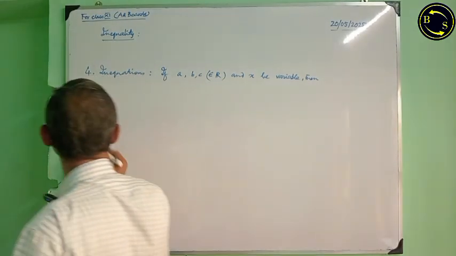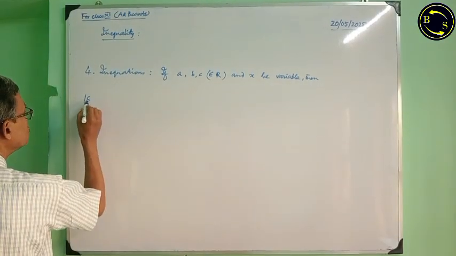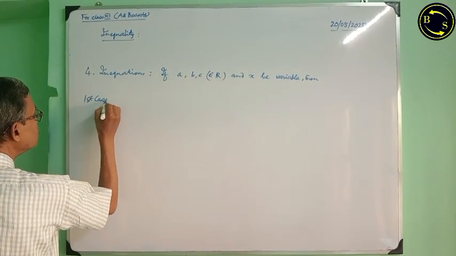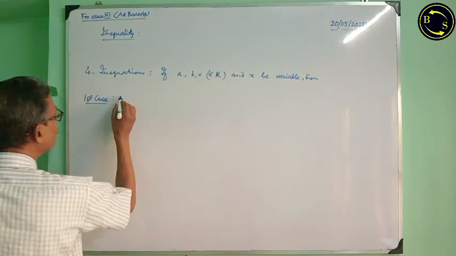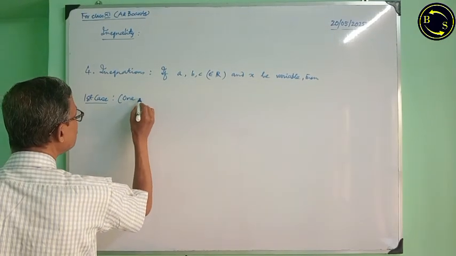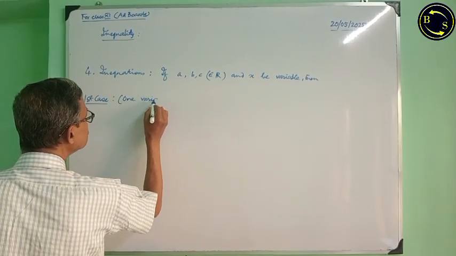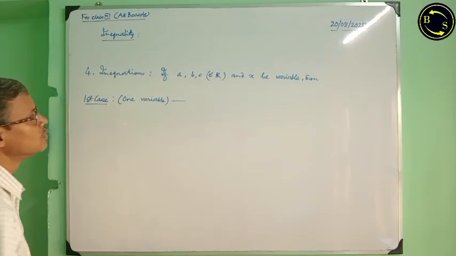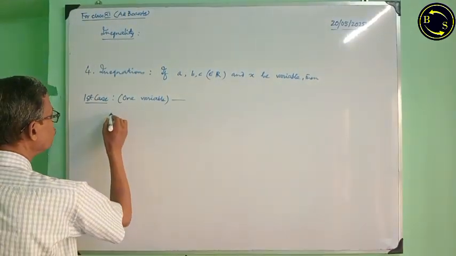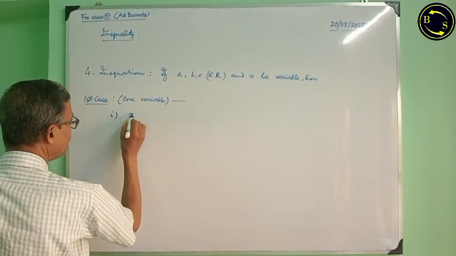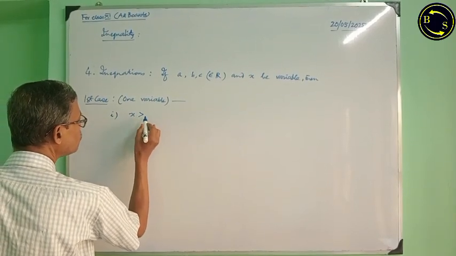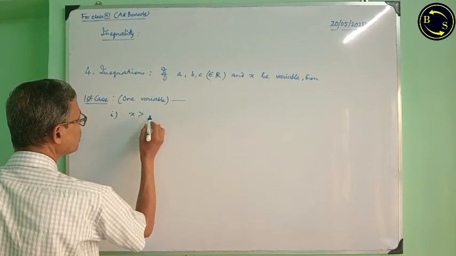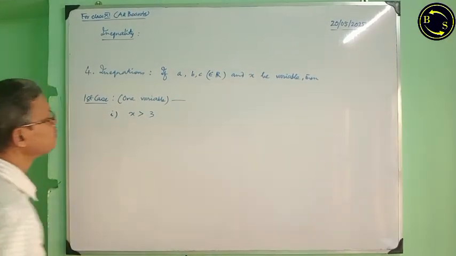First of all, one variable. Say x greater than, first we consider greater than 3.